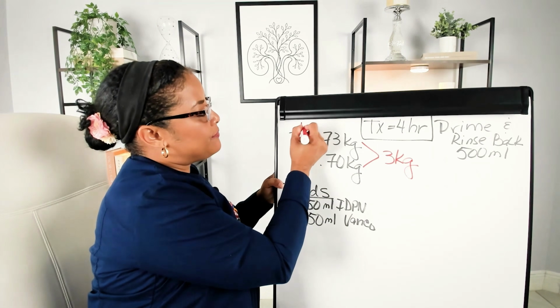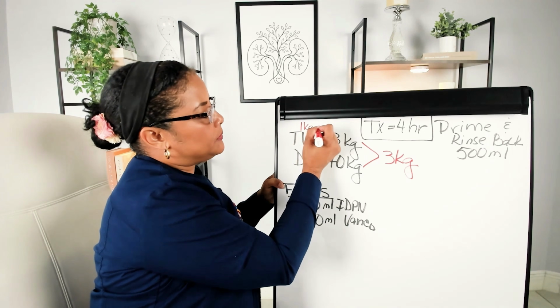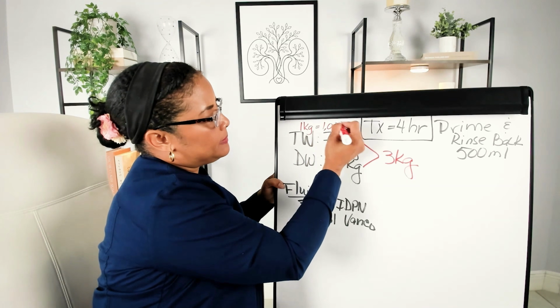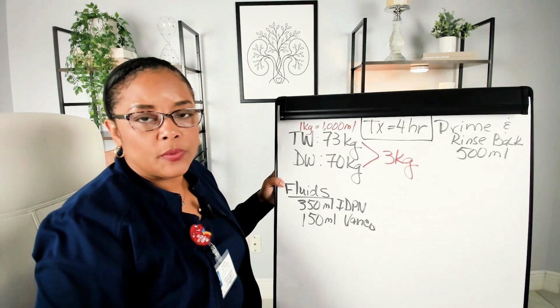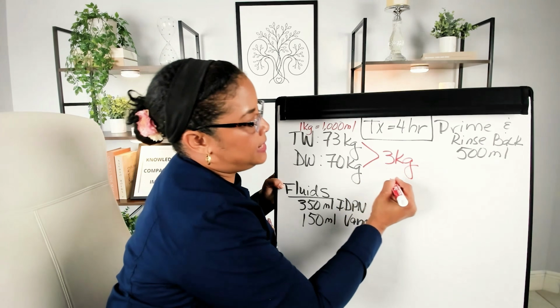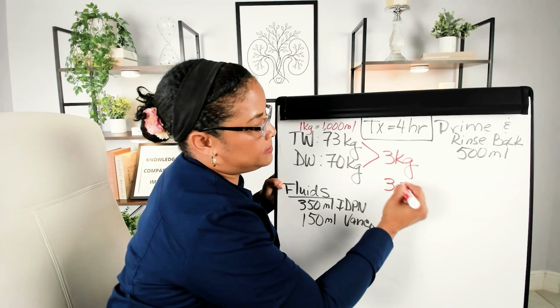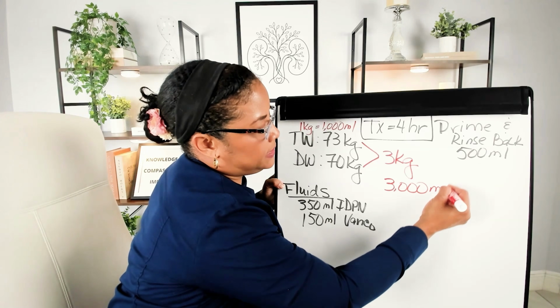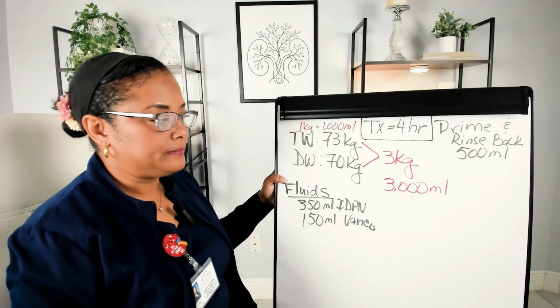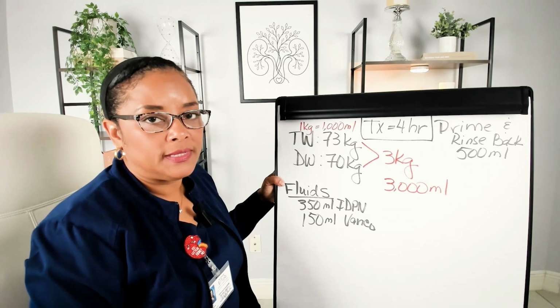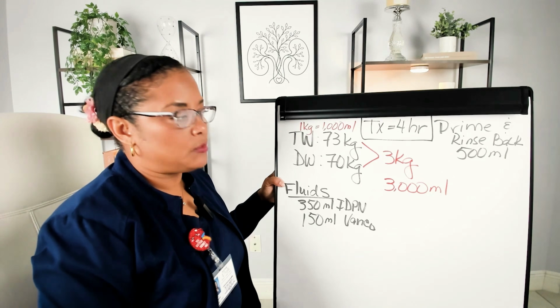And the formula for that is 1 kilogram equals 1,000 milliliters. So if I have 3 kilograms, then I have 3,000 milliliters.